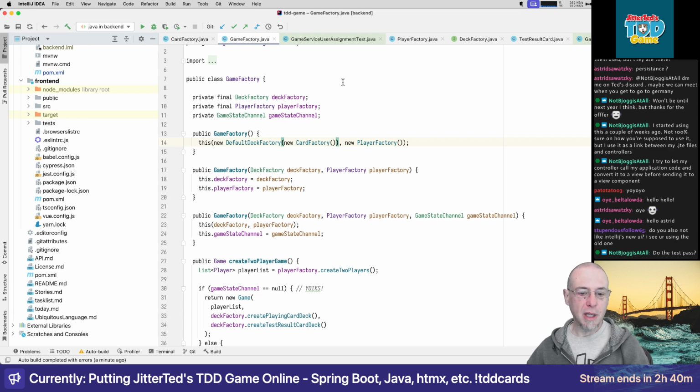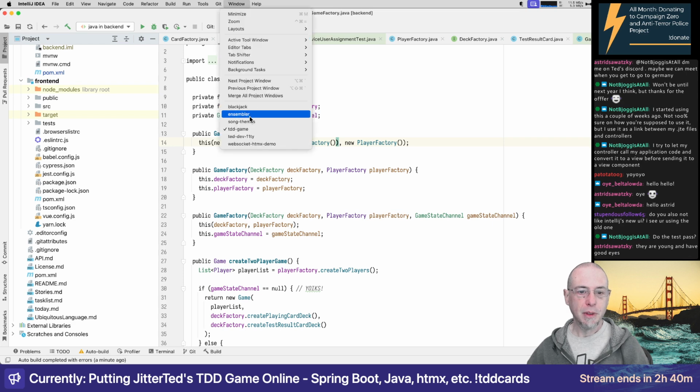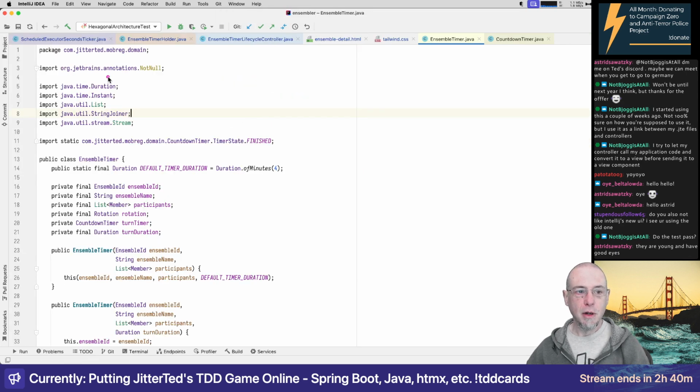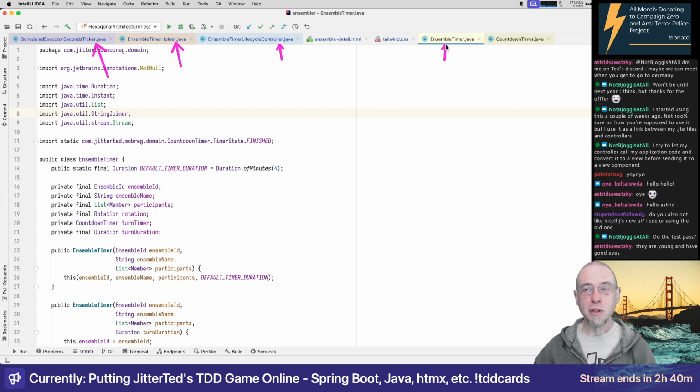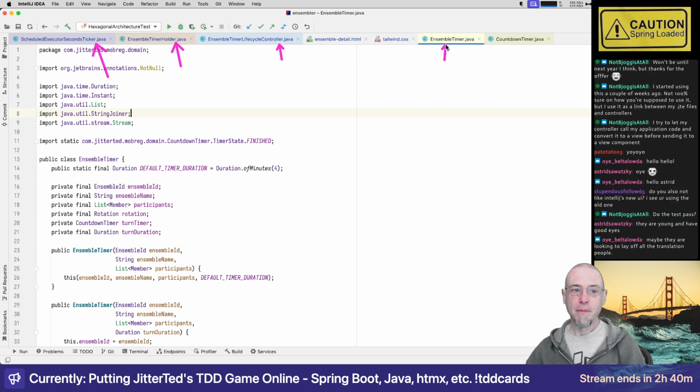One of the things you'll notice, not in this project, but in Ensembler, notice the background color of these tabs. Those are meaningful for me. You can do what's called file coloring. I have a video about how to do that. Purple is an outbound adapter. Peach is in the application layer.